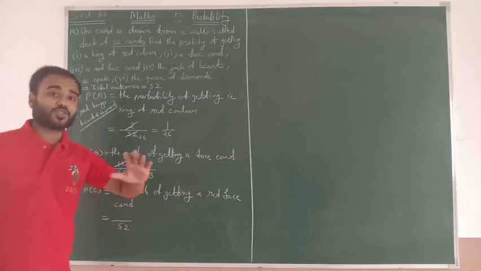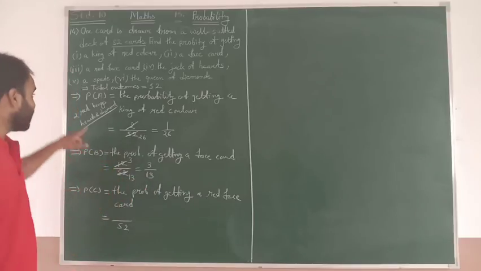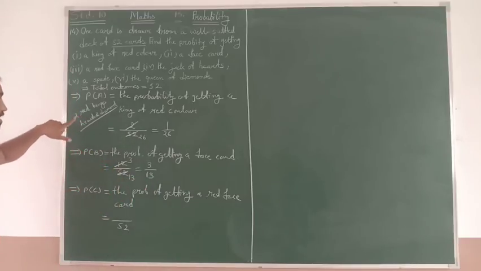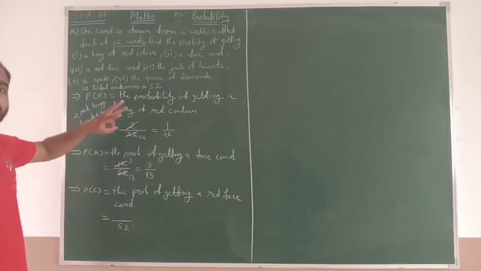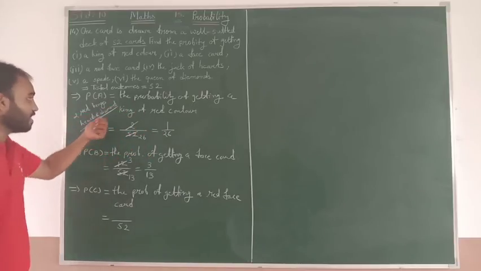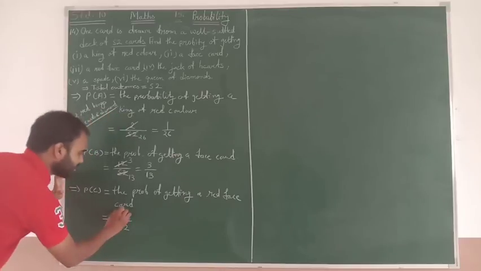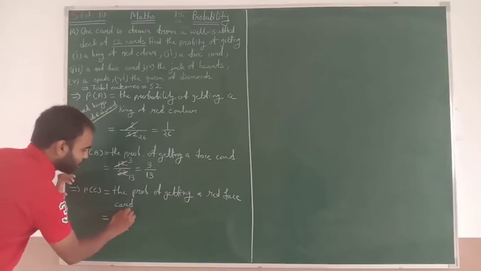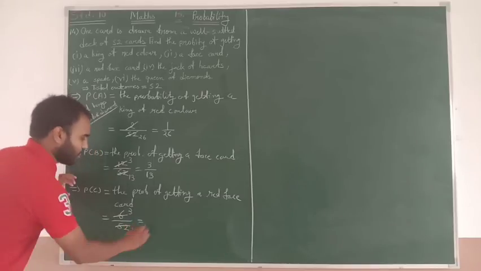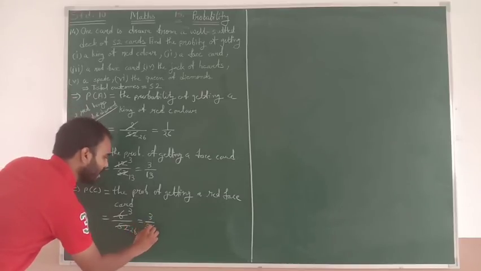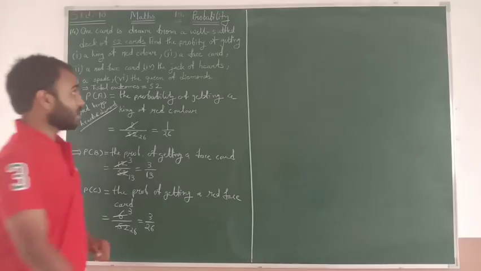But face cards, a total of 12 face cards are there. But red color, as we have talked here, is of heart and diamond. So there are 3 red face cards of each, heart and diamond. That is 6. So the answer will be 6 by 52. 3 2s are 6 and 26 2s are 52. So the answer will be 3 by 26.